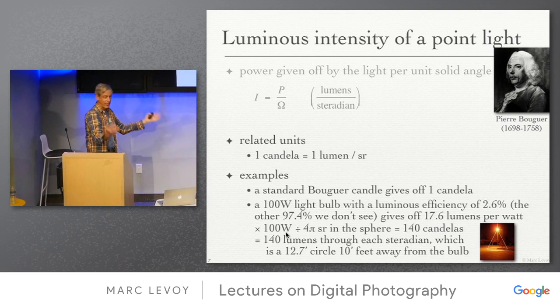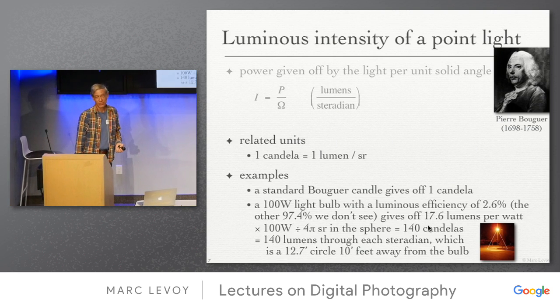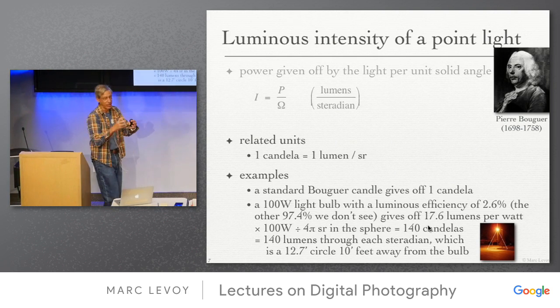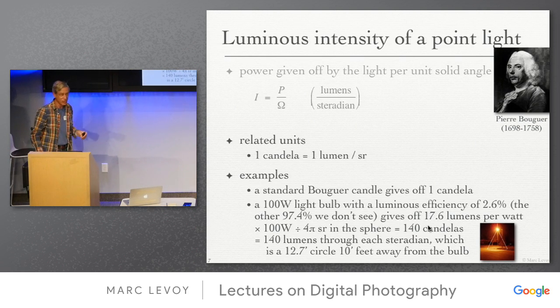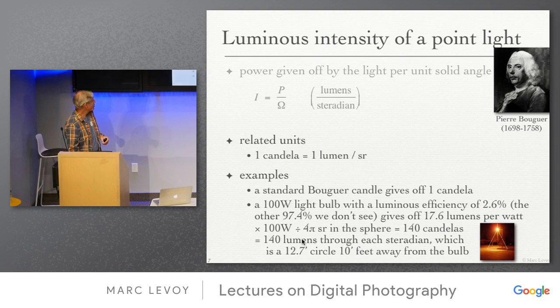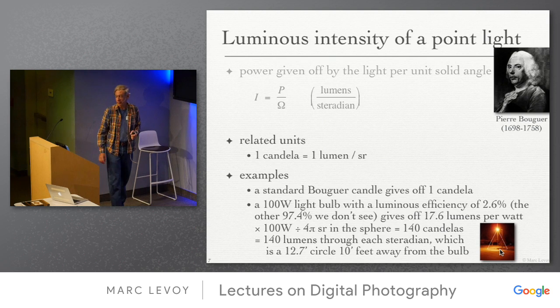Then you divide it by the number of steradians in the sphere, the 4 pi, and that gives you 140 candelas. So a 100-watt light bulb is like 140 candles sitting on the table bunched up together. We think of these as just point light sources. So it's 140 lumens through that steradian that I defined before.